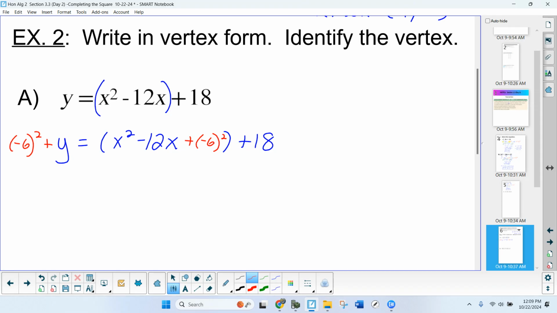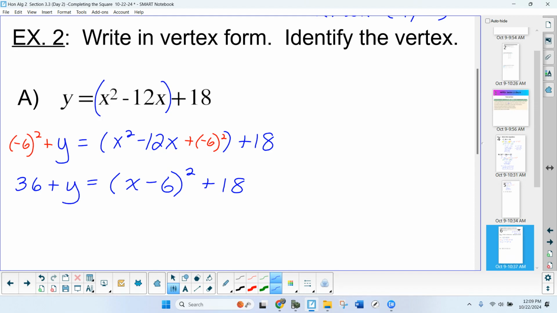Now, this right side, what does this factor into? X minus 6 quantity squared plus 18. Are you guys cool with how I got the right side? Now, the left side, what is negative 6 squared? What's negative 6 times negative 6? 36 plus.